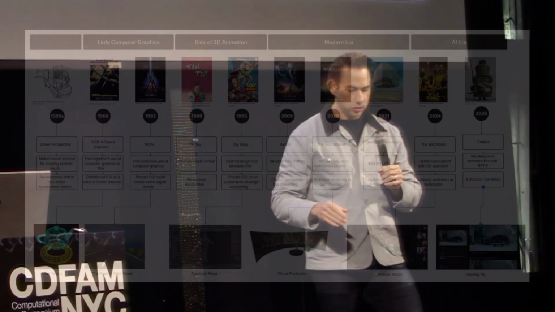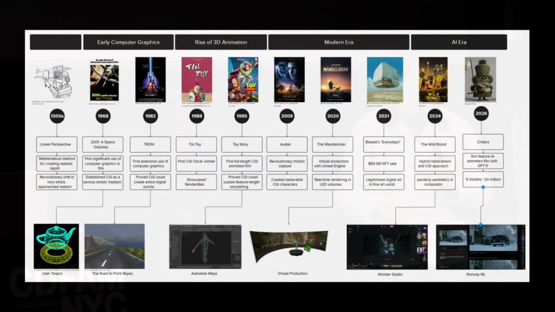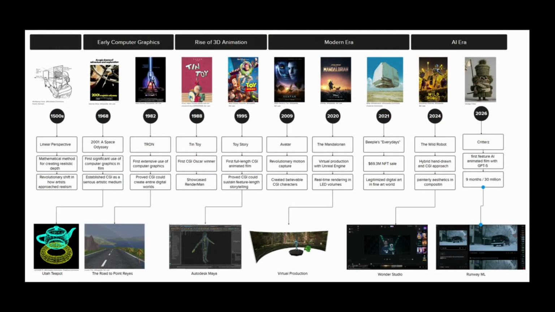And in 2026, this Critters movie is coming out, backed by OpenAI. Personally, it's a cool project because it's using AI, but it's a bit deceiving, because the whole point is they're trying to make films for a fraction of the price. That is a direct comparison to the way they made Toy Story with John Lasseter, Ed Catmull and Steve Jobs.